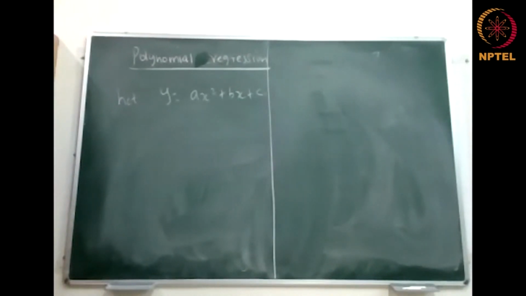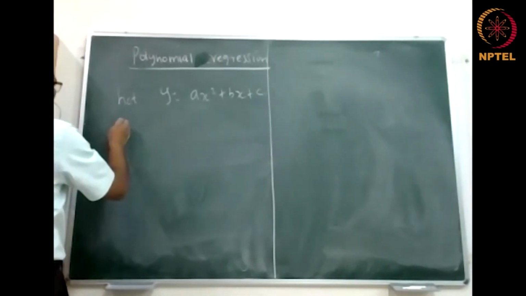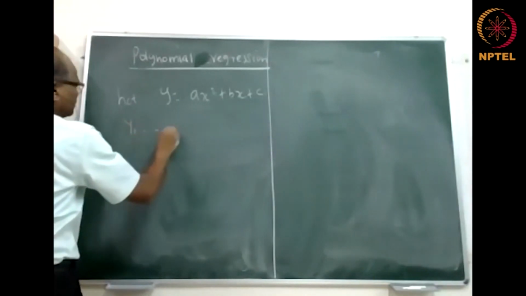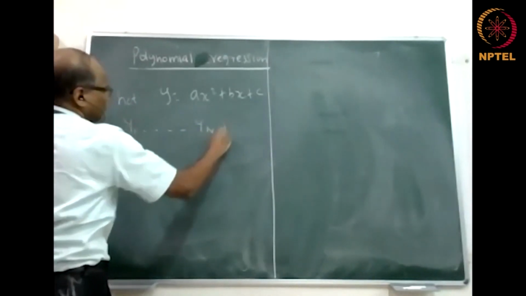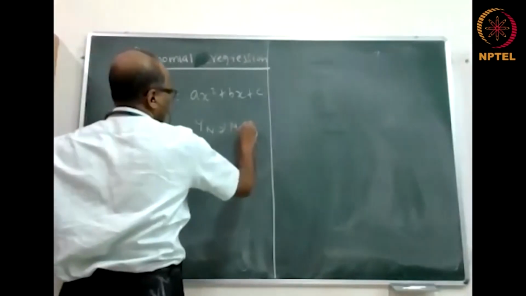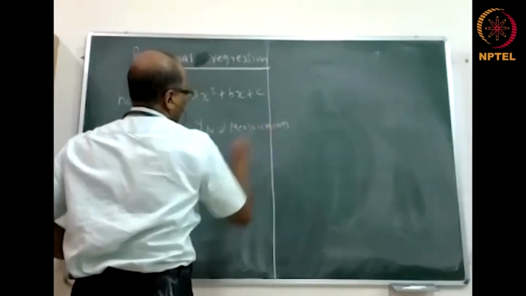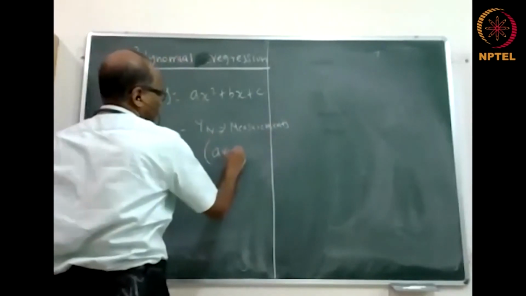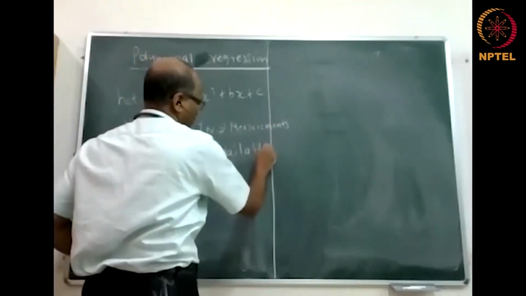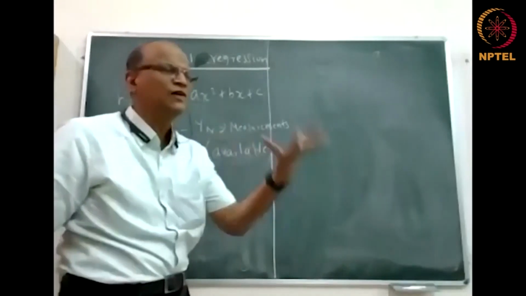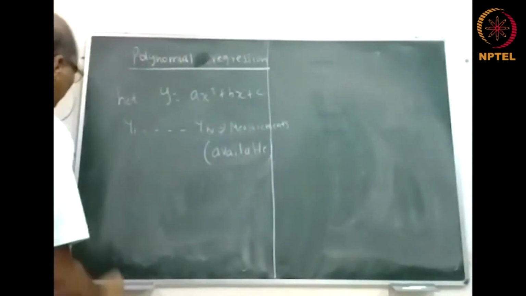Now, y1 to yn measurements are available. What is available? Data is available. Okay.